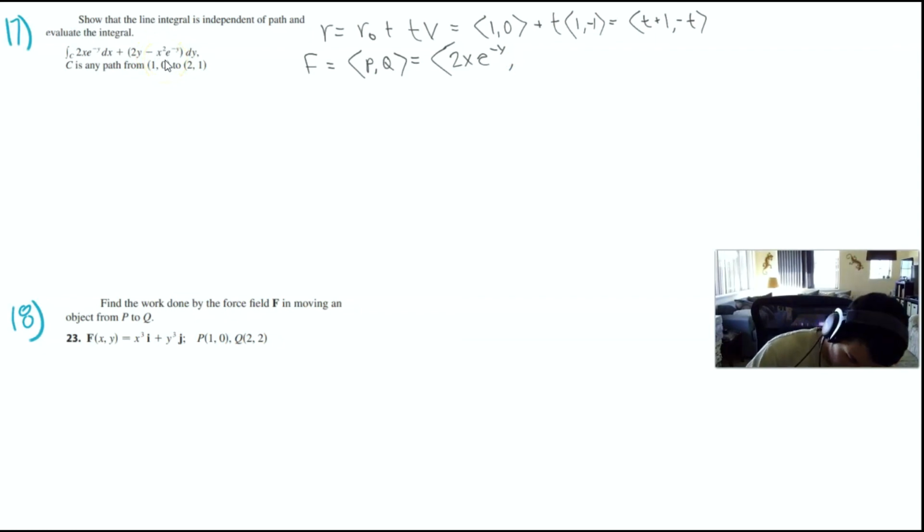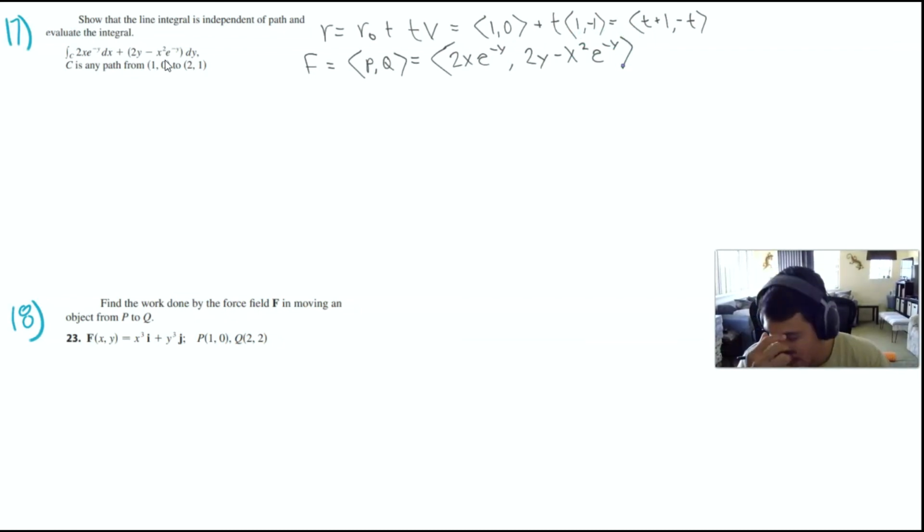What's Q? Well, Q is 2y minus x squared e to the negative y. And the fundamental theorem of line integrals, not the fundamental theorem of line integrals, but a conservative vector field where dP/dy is equal to dQ/dx.